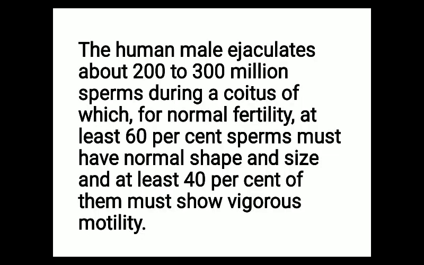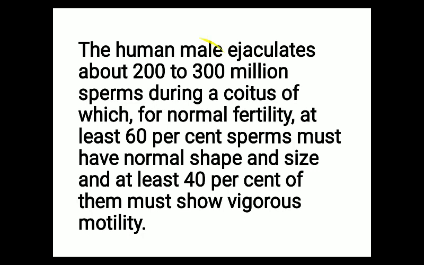A human male ejaculates about 200 to 300 million sperms during a coitus, of which for normal fertility at least 60% of sperms must have normal shape and size, and at least 40% of them must show vigorous motility. This is a very important slide.